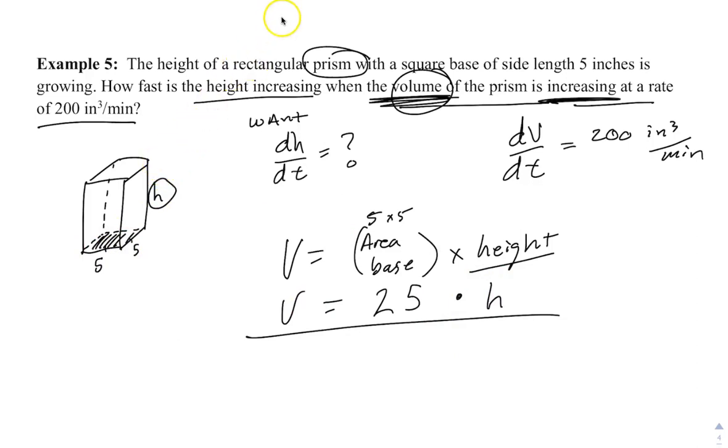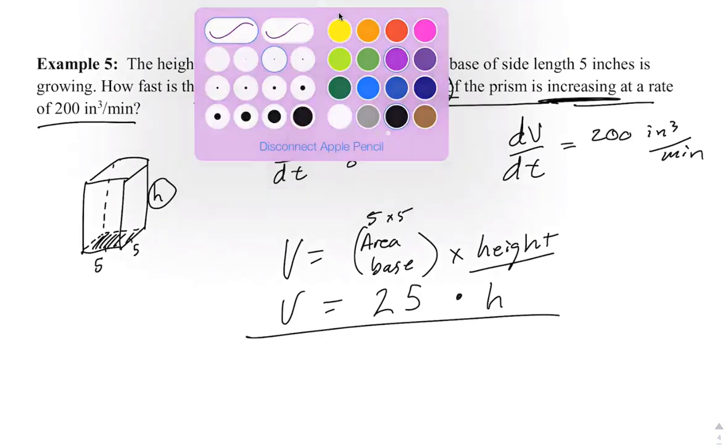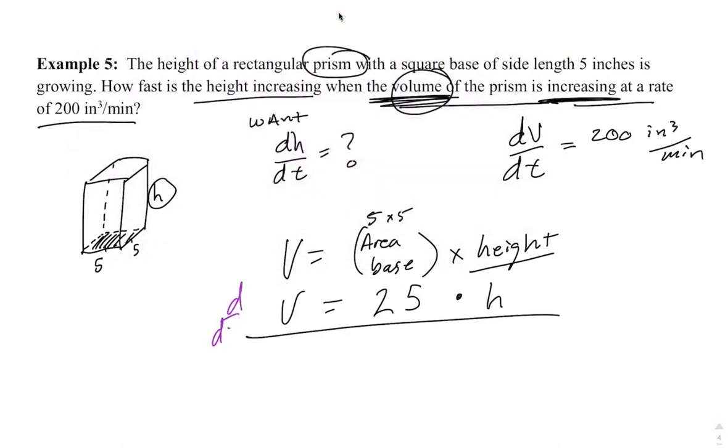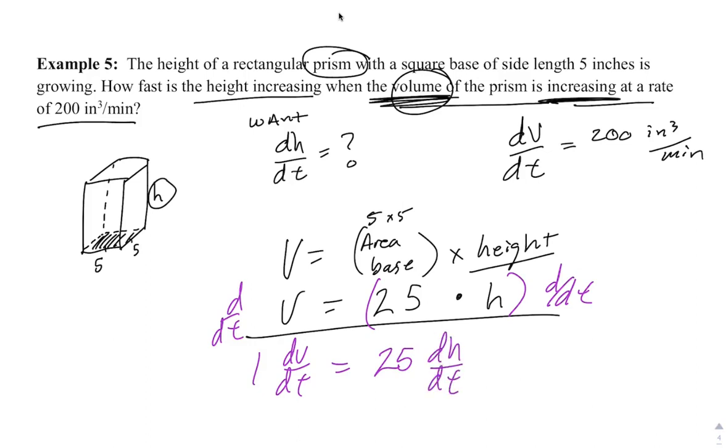And what do we do next? We do what we always do. We take the derivative of both sides with respect to t. The derivative of V is just 1, but wrong variable, dV/dt. The derivative of 25h is 25, but wrong variable, dh/dt. So that's my equation, and then we plug stuff in.